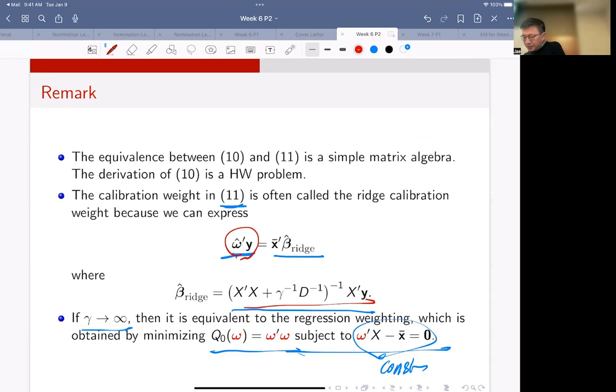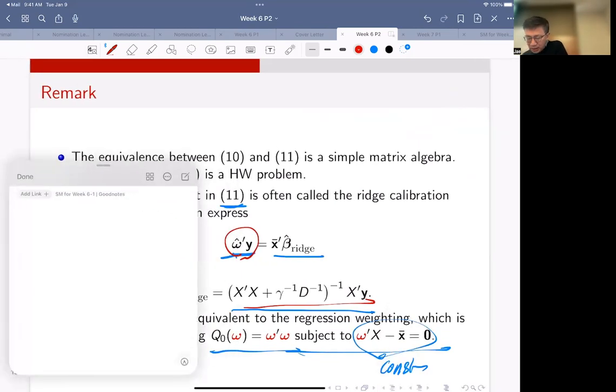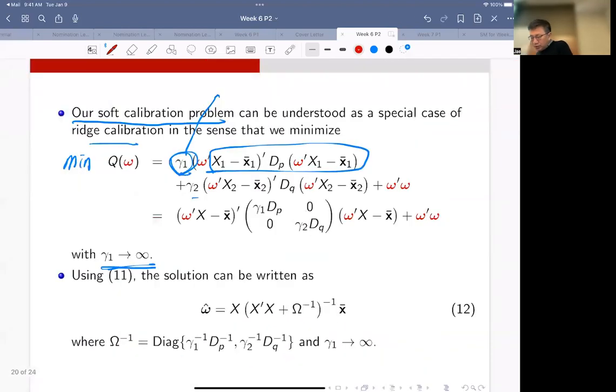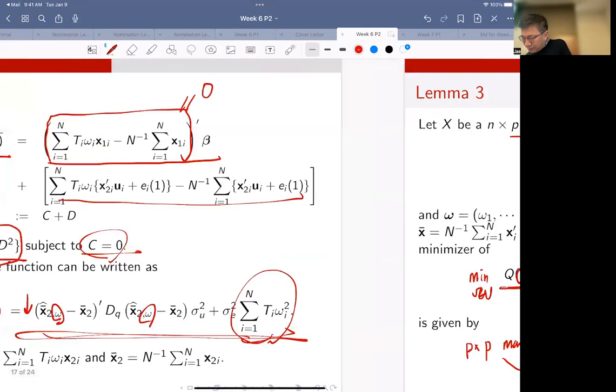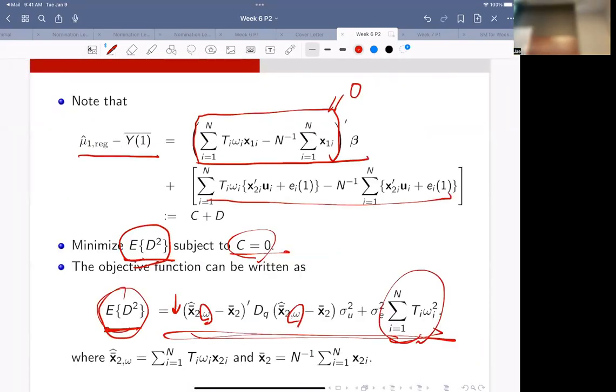And then this idea can actually be used to solve our soft calibration problem. Previously we separated our C and D and made C equal to 0 and D minimize the squared expected gamma D squared, right? So previously we had this decomposition and made C equal 0. That means we used constrained optimization.